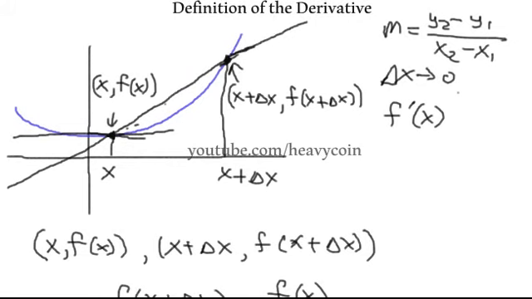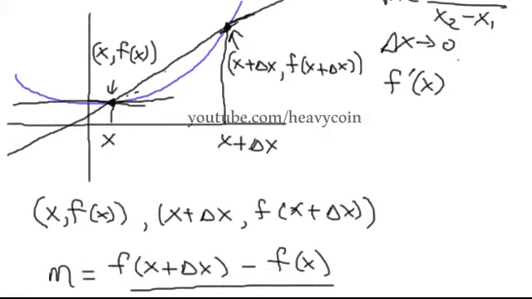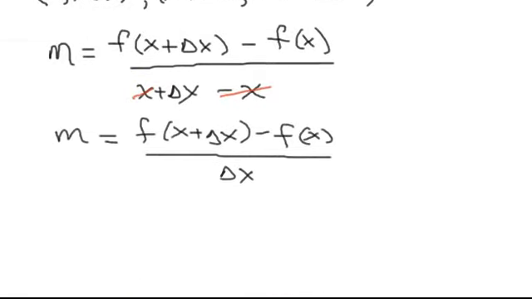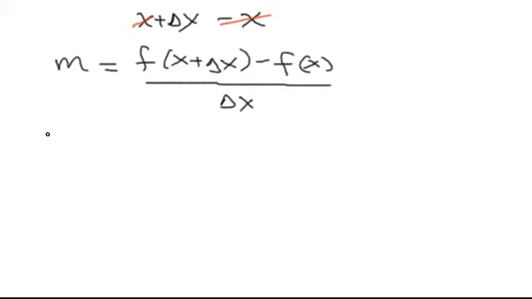Now we're going to use the power of the limit. We want this delta x right here to get closer and closer, in other words, smaller and smaller. We want x plus delta x to get closer and closer to x by letting this number get smaller and smaller, in other words, approaching 0. So this way our secant line becomes our tangent line. The good old tangent line has all kinds of applications out there.